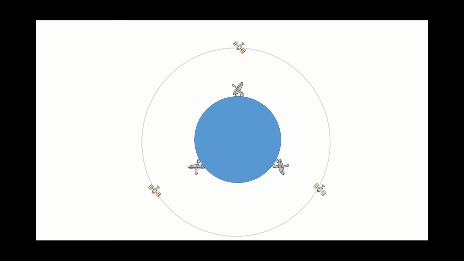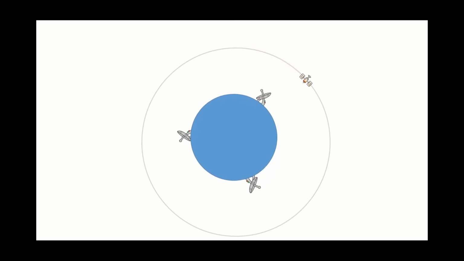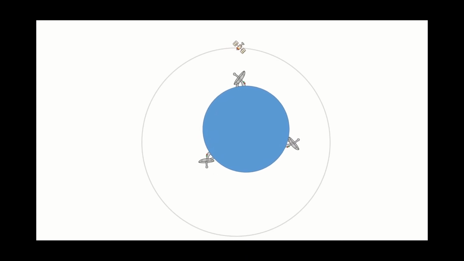Now, what about the second part of the contract, where it must be in communication with the ground station? Let's just focus on one satellite for the moment. See, the satellite will orbit, but also there are spins. So if we simulate this, we can see that the satellite is moving faster than the Earth, spinning, and it loses contact with the ground station.